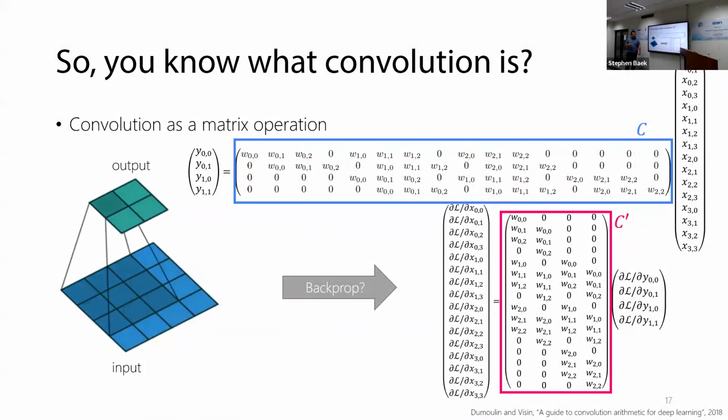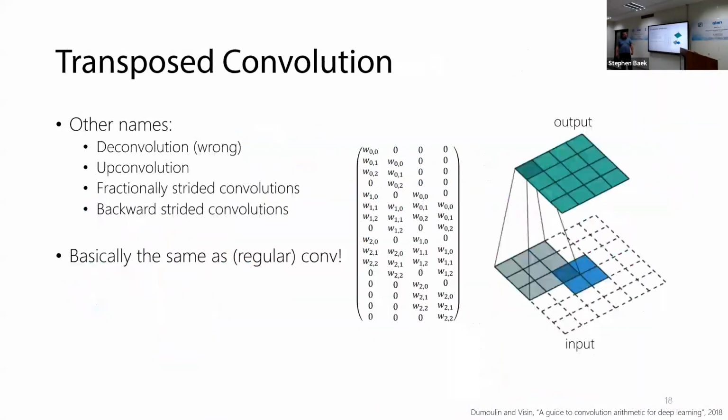You have the original convolution weight matrix. In the forward path, this gets multiplied by whatever the input is. During the backward pass, however, we just compute the transpose of that guy and then multiply it to the upstream gradient propagated back to the X side.